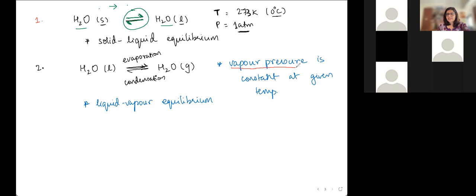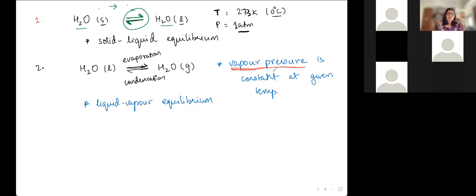This is essentially what you feel as humidity in the real world. So based on vapor pressure you can figure out what is the humidity present in the atmosphere or in the air or in the space above water. So this is always established.